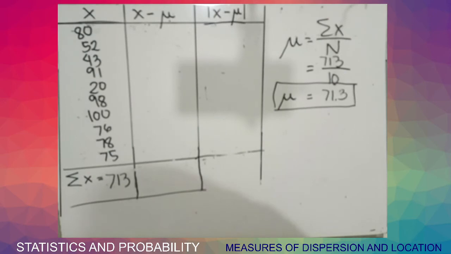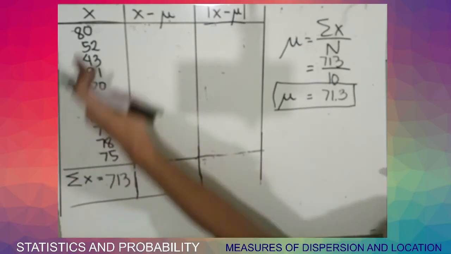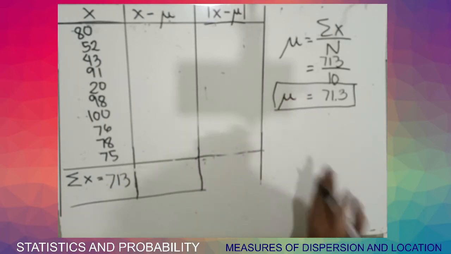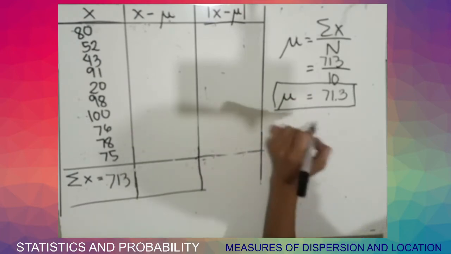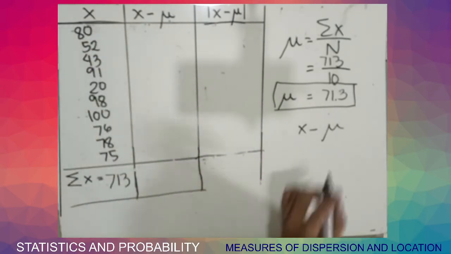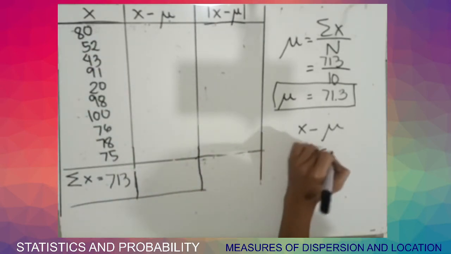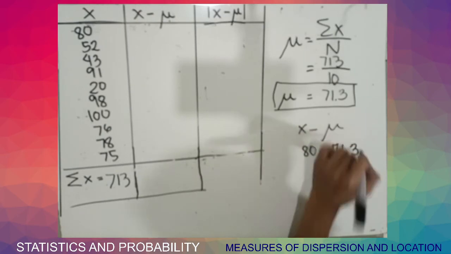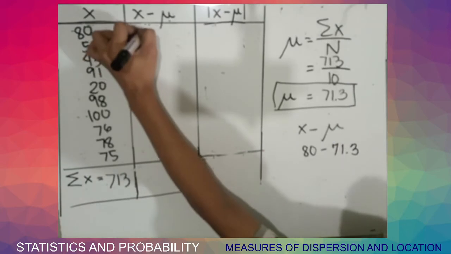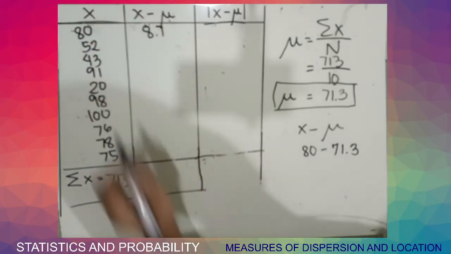So ganun pa rin. Yung value ng x natin doon sa pangalawang column ay i-minus natin sa value ni mu or ni mean. So x minus mu. Simulan natin sa 80. So 80 minus 71.3 is 8.7.